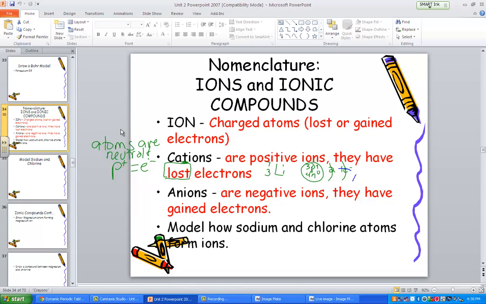But if we lose an electron, we still have 3 positive protons, but now we only have 2 negative electrons. 3 positives and 2 negatives give me a resulting charge of positive 1.